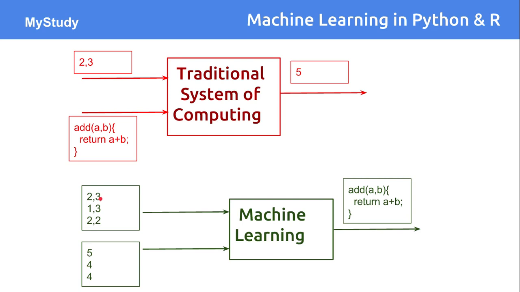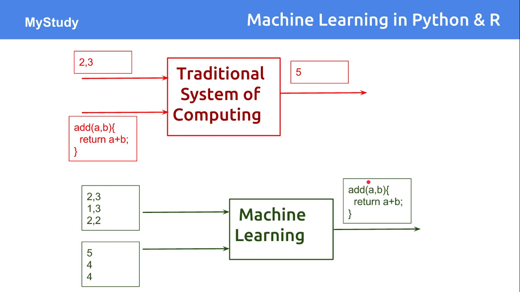This rule will be automatically updated. Once you change the data, the same machine learning algorithm should come up with a different rule, a different program. In future, programmers do not need to write programs explicitly. We do not need to write a hell of a lot of different programs. Instead, we will just fit a lot of data to the machine learning algorithm, and it will come up with such a program.